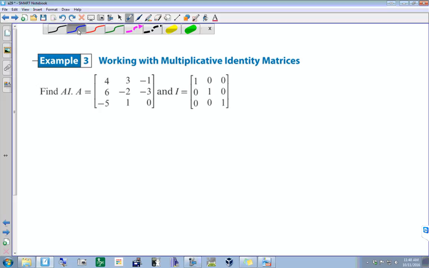So, that means we're going to have 3 going across, so it's going to be 4 times, plus 3 times, plus -1 times. This thing is slowing up badly.